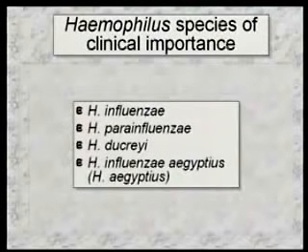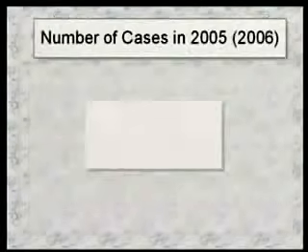And the last one, Haemophilus influenzae aegyptius, or now you will often see just Haemophilus aegyptius, the name of the organism. We'll talk about that as well. That is a related Haemophilus organism, but does not cause all those symptoms that we talked about in that girl. It is a sort of purpuric fever.